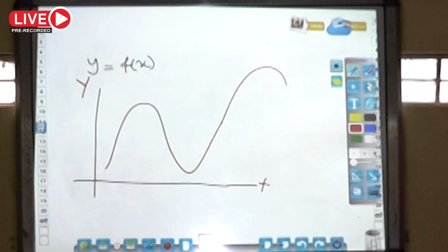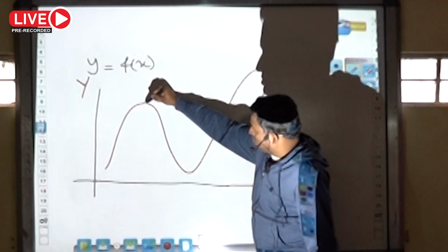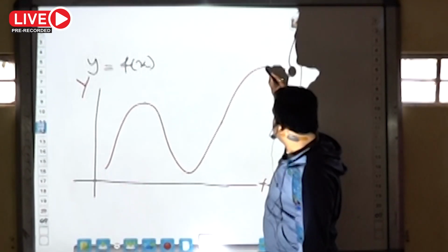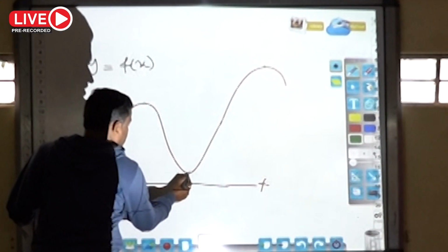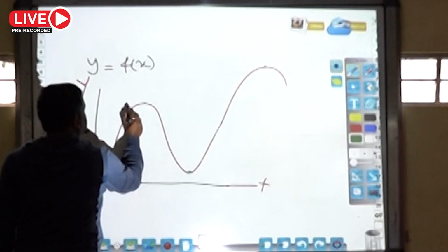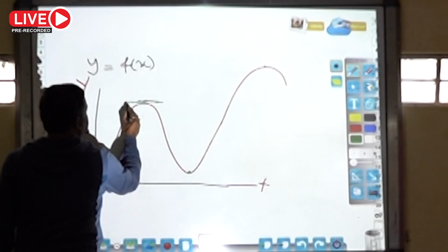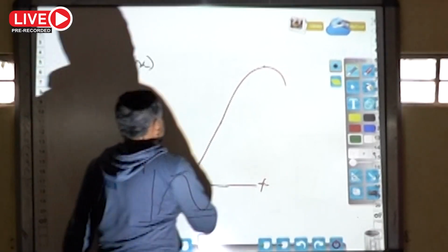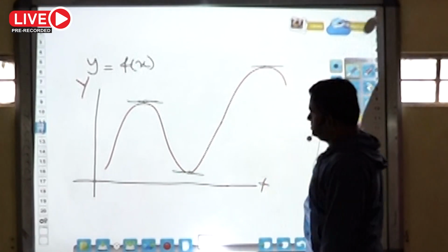3. So one is this point, one is this point, another is this point. So at these 3 points, if I draw a tangent, that will be a horizontal line. This tangent will be horizontal.